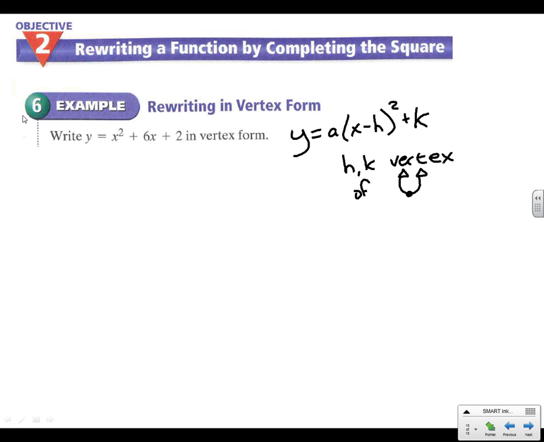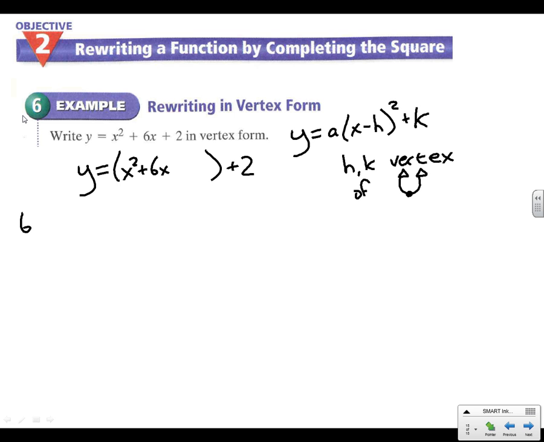We can do that fairly easily if we complete the square. On this one, we want to keep y by itself. So we can't move the 2 to the other side. So we're just going to make it hang out by itself. We're going to put some parentheses here saying we're just going to deal with the completing the square part, and then we'll deal with the 2 on its own.